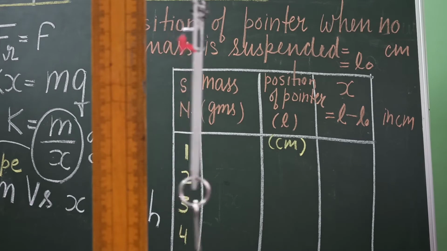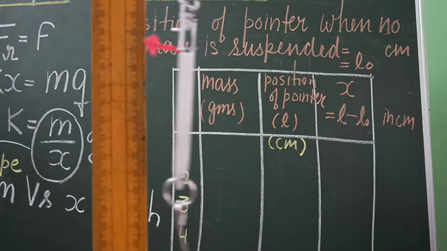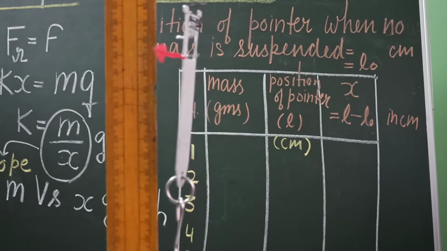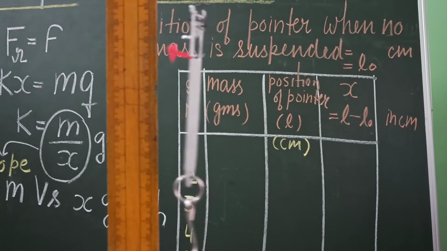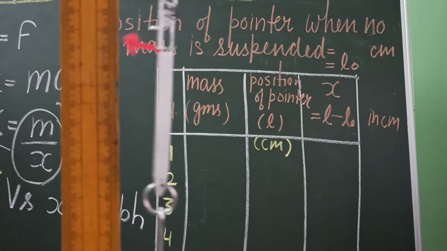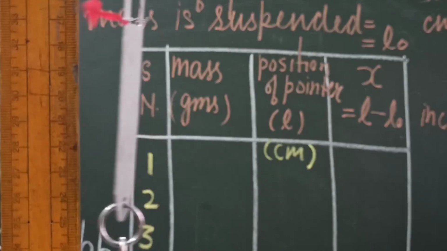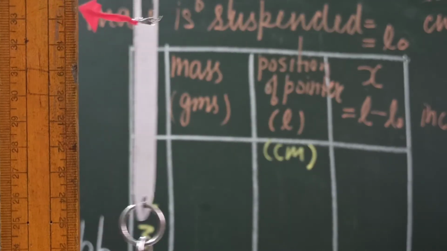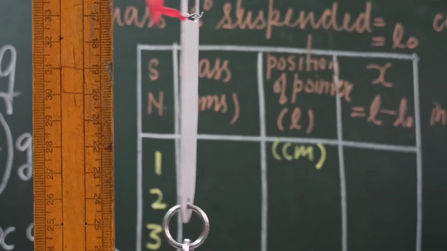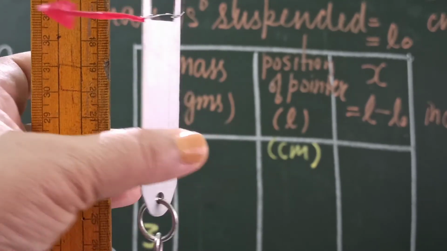And I want you to note, let me focus the camera so that you note the value by yourself. It will take a little time to arrange the reading, and now I think you are able to note the position of pointer.